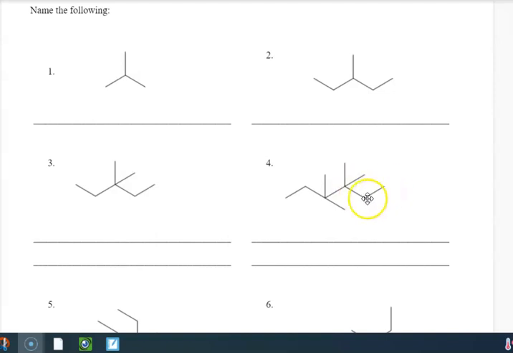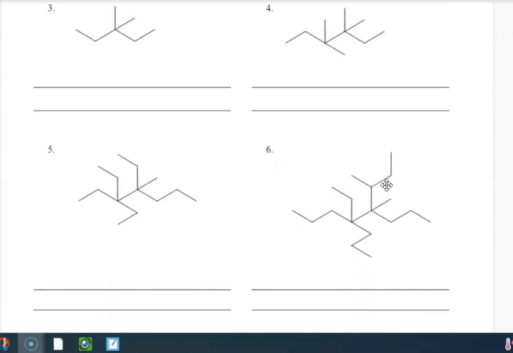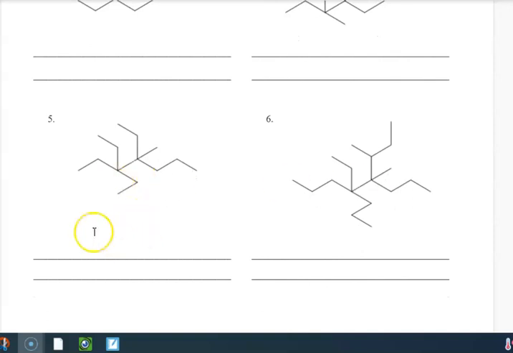If I go the other way, 1, 2, 3, I have 2 branches on 3, these 2, and down here I have 2 branches on 3. So it makes no difference how you number it. Look, there's your zigzag, and it makes no difference which way you go. So it looks like it's 3, 3, 4, 4 tetramethyl hexane.